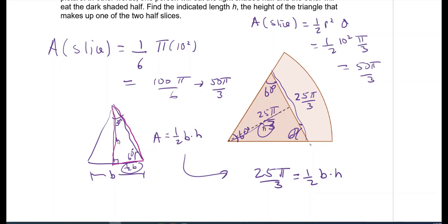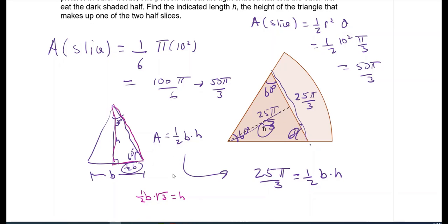This is half of the base, and that's the height. And we know these guys are related by the square root of 3, right? We have a 30, 60, 90 right triangle. If we take the short leg and multiply it by the square root of 3, we get the long leg, right?